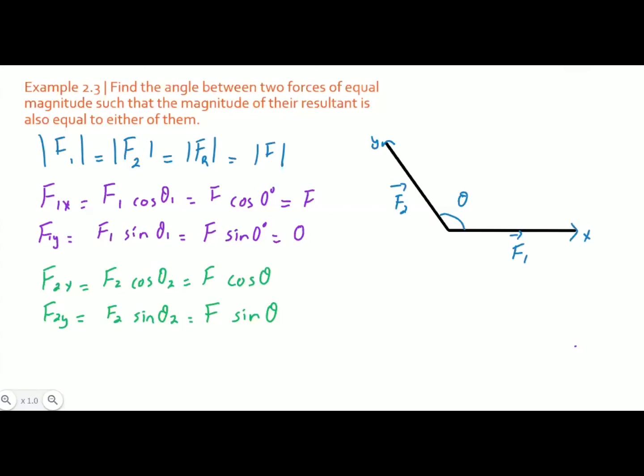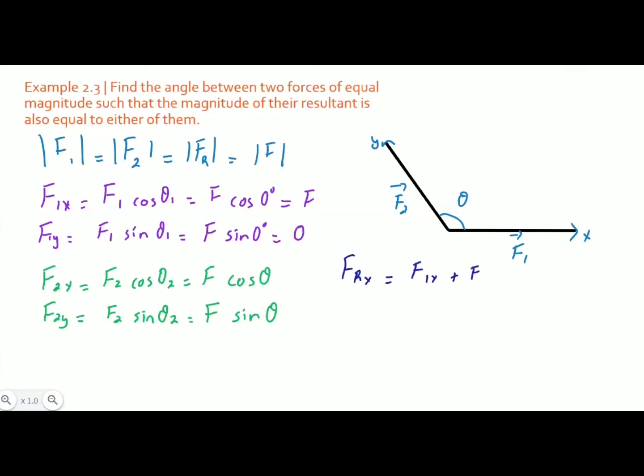Then we have to add the x components and the y components. So to add the x components, Frx will be equal to F1x plus F2x, while F1x is equal to F and F2x is equal to F cos theta.